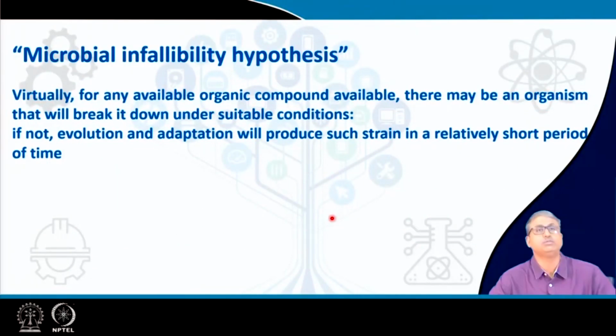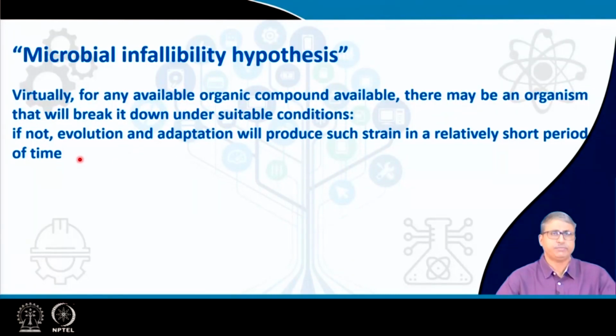Now, in that respect, we should talk briefly about the microbial infallibility hypothesis, which is a very well known hypothesis with respect to biodegradation, and it says that virtually for any available organic compound there may be an organism that will break it down under suitable conditions. So, all organic compounds available to microorganisms will definitely be degraded at some point of time under suitable conditions.